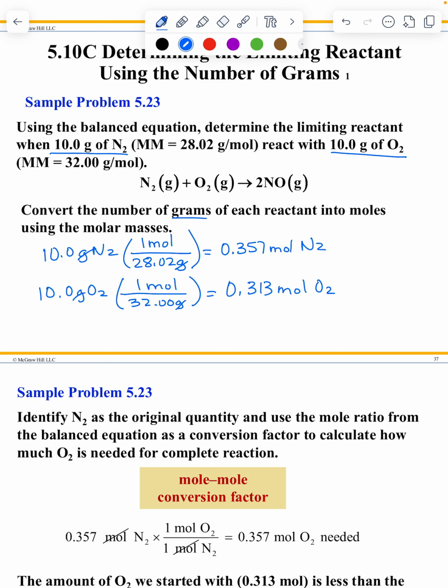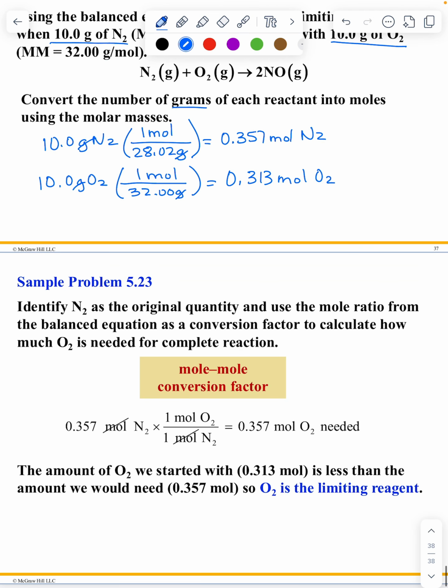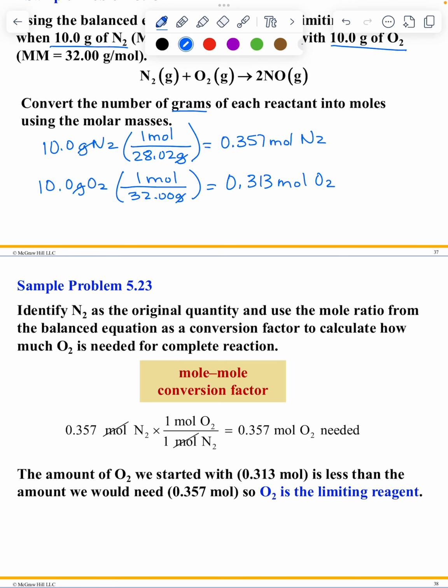And so we can see that we need 0.357 moles of O2. Then we look back to see how much we started with. The amount of O2 that we started with was 0.313, which is less than the amount that we need. So therefore, oxygen is our limiting reactant.